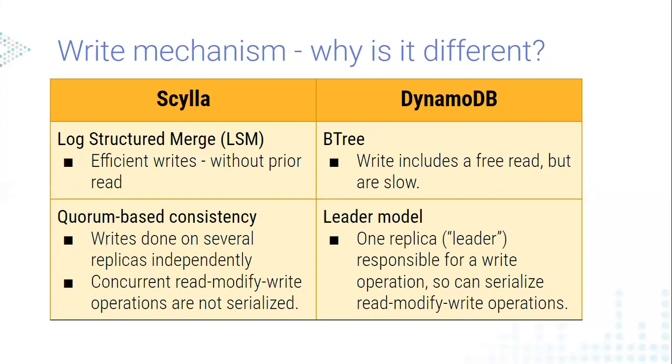So in Scylla, you do the writes separately in each of the replicas, while DynamoDB uses something called a leader model, where you have several replicas, but one of them is responsible for doing writes. So all the writes go only to this leader, and it can serialize the different read, modify, write operations and ensure that they don't happen in parallel.